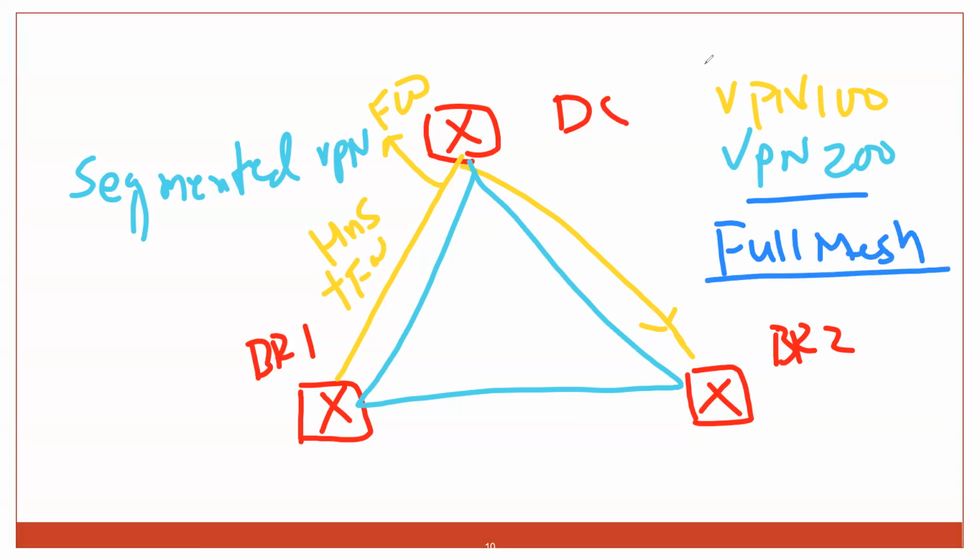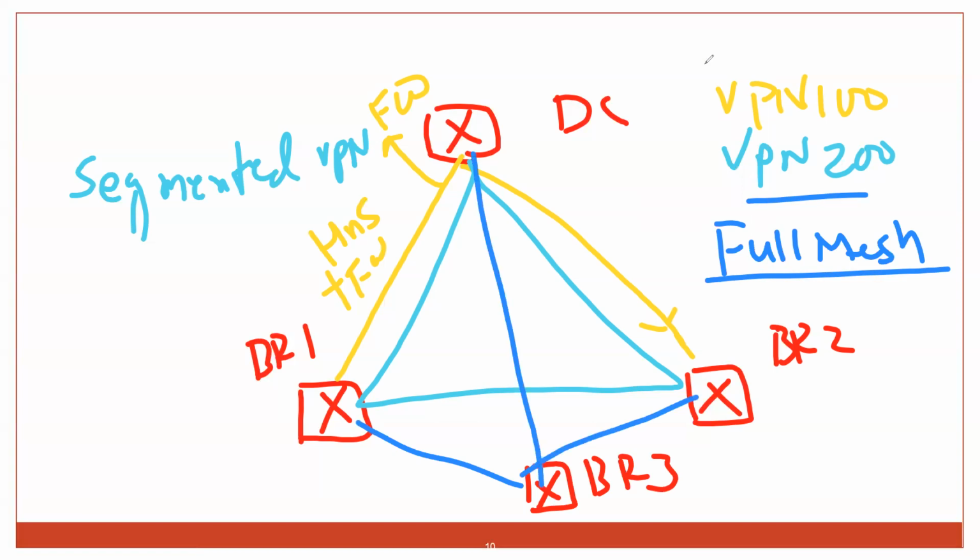That means if I have some other device in the network, suppose I have branch 3 as well, and we enable the full mesh, this type of thing will happen. But for branch 3 also, the traffic will go to the DC for VPN 100.